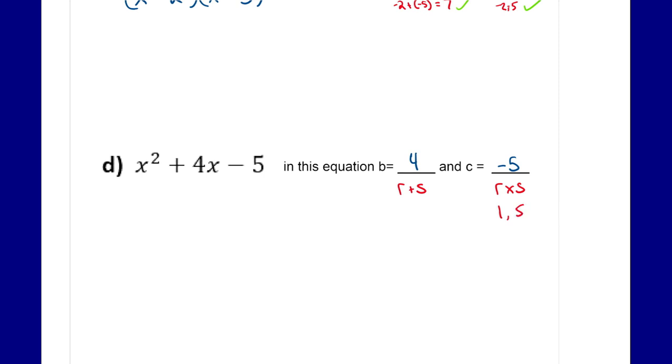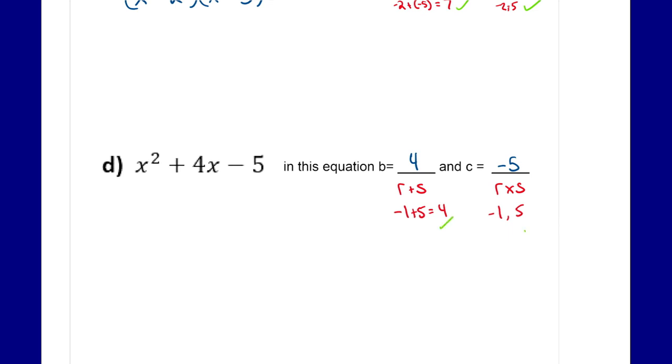Now, because it multiplies to a negative, I have to think about which one I want to be negative when I check the addition part. Because it adds to a positive, my larger number should be positive. My smaller number should be negative. So -1 times +5 is -5. -1 plus 5 is also 4.